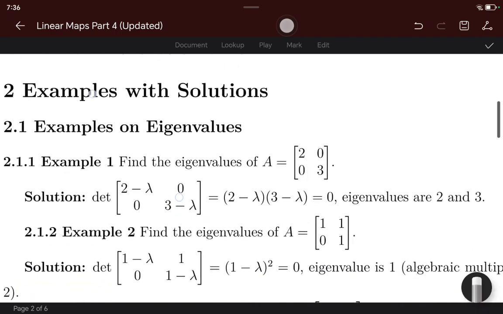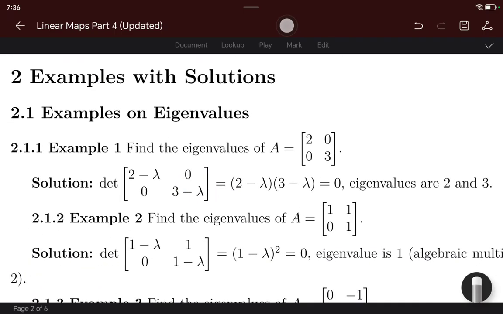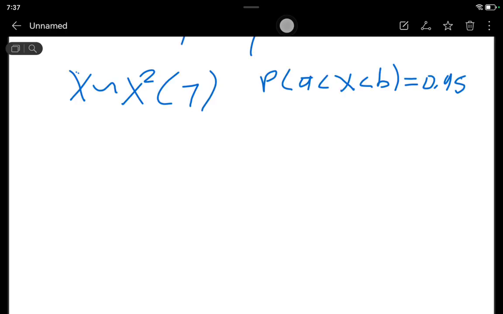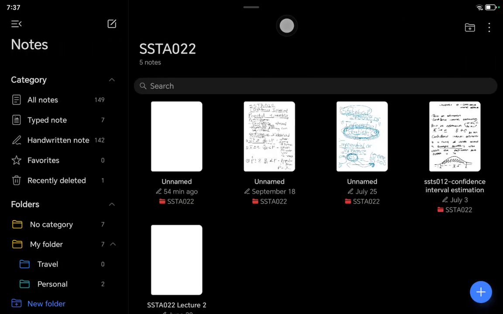Now, the first example, we're looking at these examples to find the eigenvalues. First thing that you do, let me come here. I'm just gonna open this.